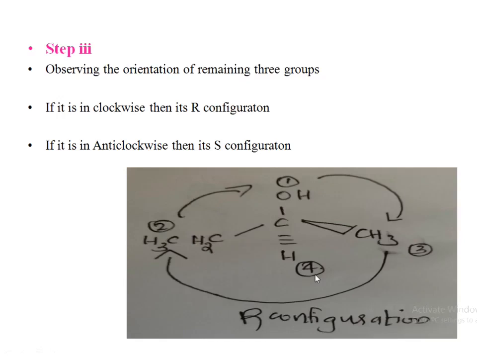Next is step 3. Here also we orient the molecule and decide the orientation of the remaining 3 groups, and hydrogen has the least priority, so we do not consider it. If it is clockwise, we get R configuration. If it is anti-clockwise, then it is S configuration.